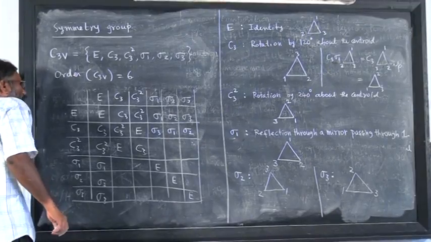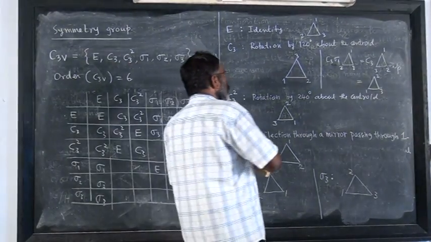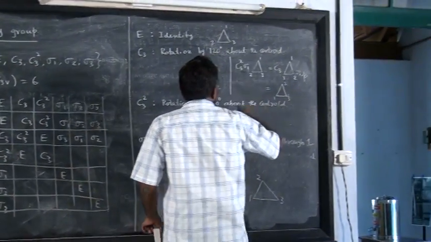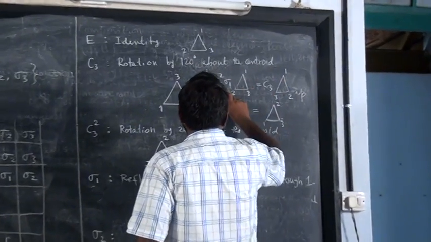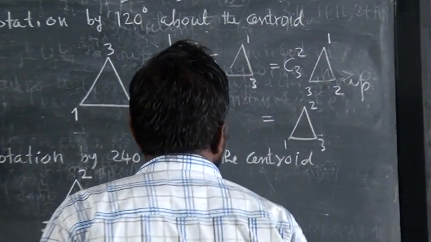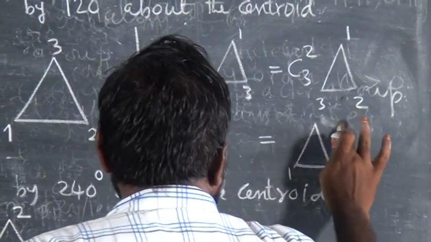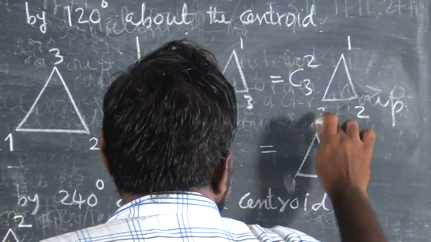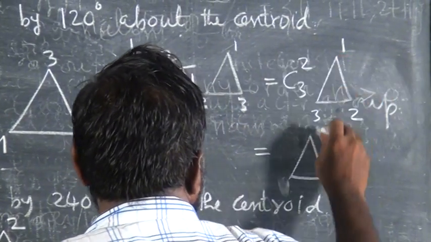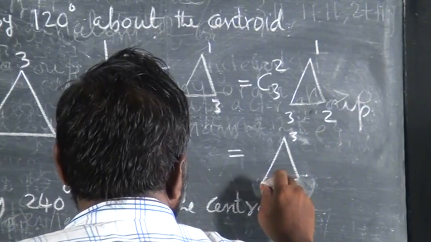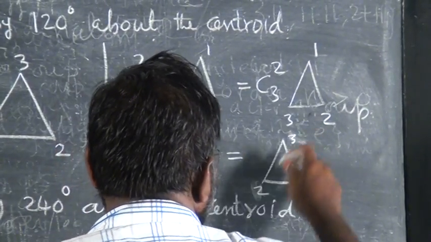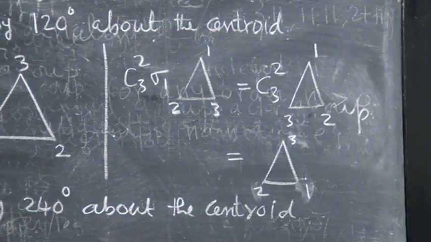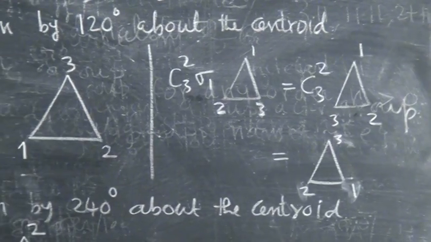So, let us ask what is C3² sigma 1. So, this is C3². C3², what will it do? This will go here and here. So, this will be 3, this will be 2, and this will be 1. So, 3, 2, 1. So, what is 3, 2, 1? It is sigma 2, correct?